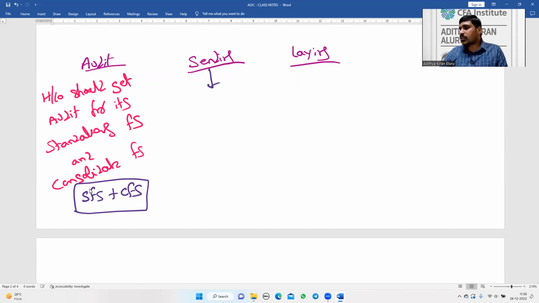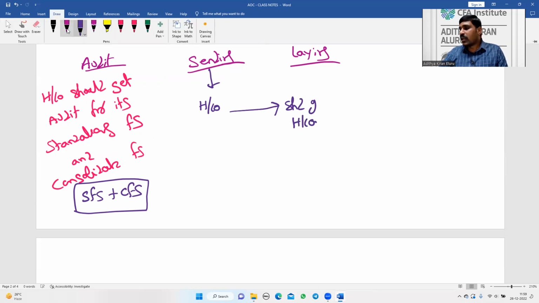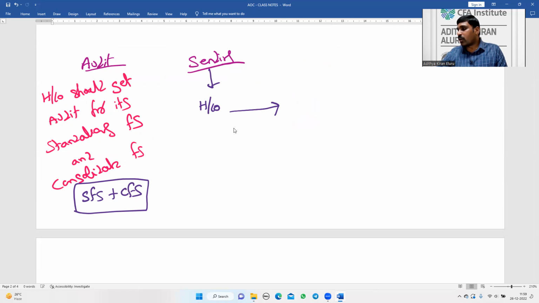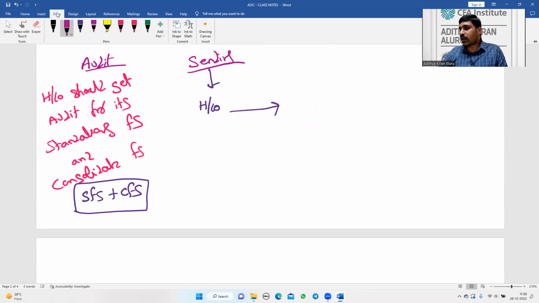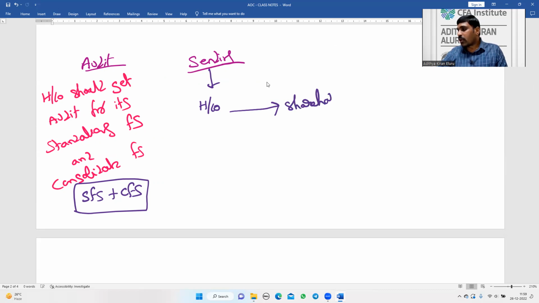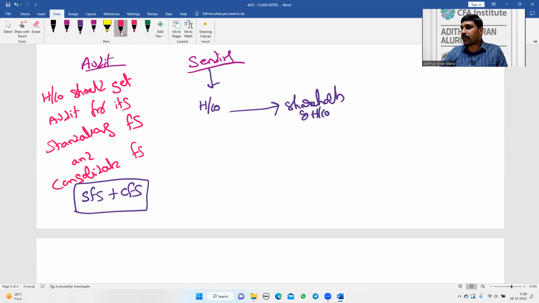Sending. So who has to send what? Holding company to shareholders of holding company. What are the documents to be sent by the holding company to the shareholders of the holding company?